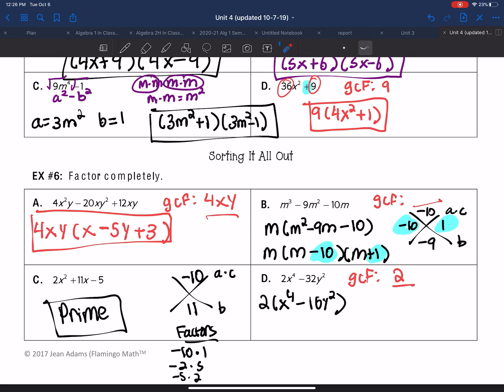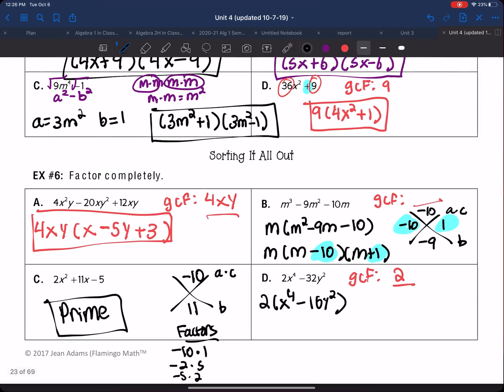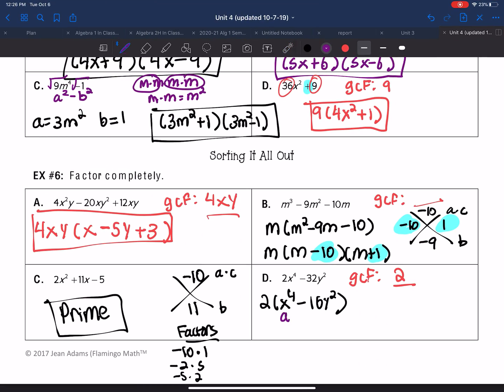So I have the difference of perfect squares, so I can use this formula, a plus b times a minus b. So what I'm noticing here is that this is a squared minus b squared. So if I take the square root of that a squared term, I know that a is going to equal the square root of x to the fourth, which is x squared. Then if I take the square root of b squared, that's going to be the square root of 16 is 4.